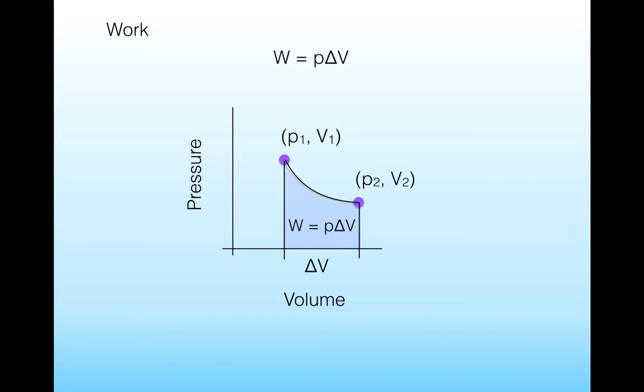So even though the delta V is going to be the same here, you're actually going to have more work done by the system in this case when you have the temperature constant instead of the pressure constant. We'll talk more about this in a few slides.